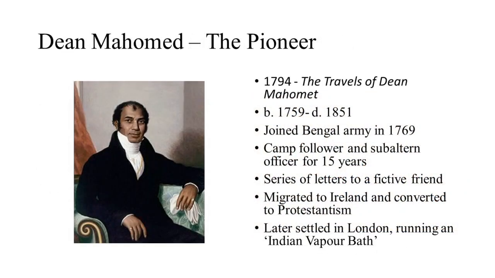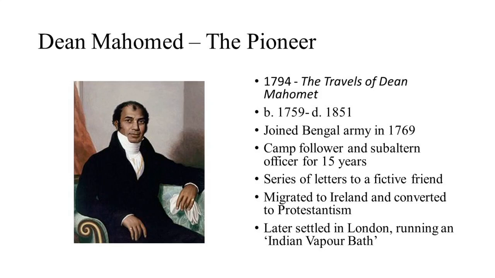Once we have established the political and militaristic characteristics of the 18th century, we have to move on to the figure of Deen Mohammed. Deen Mohammed wrote The Travels of Deen Mohammed in 1794. This is the first Indian book written and published in English. Deen Mohammed was born in 1759.